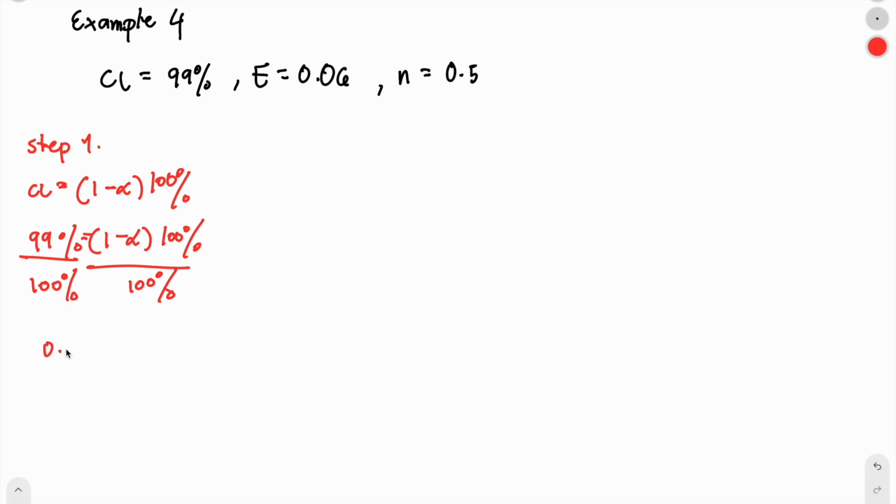We now have 0.99 equal to 1 minus alpha. To transpose, we have alpha equals 1 minus 0.99, which is what? 0.01. Okay?